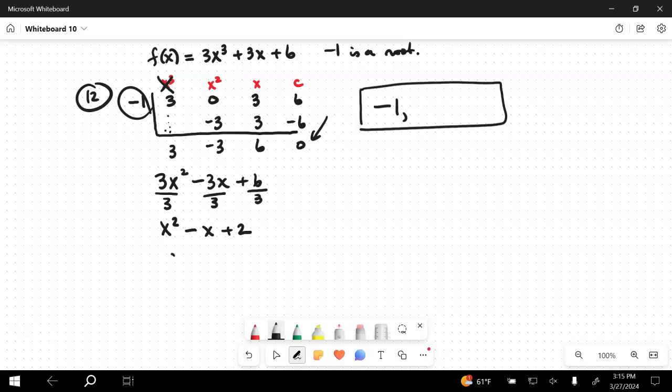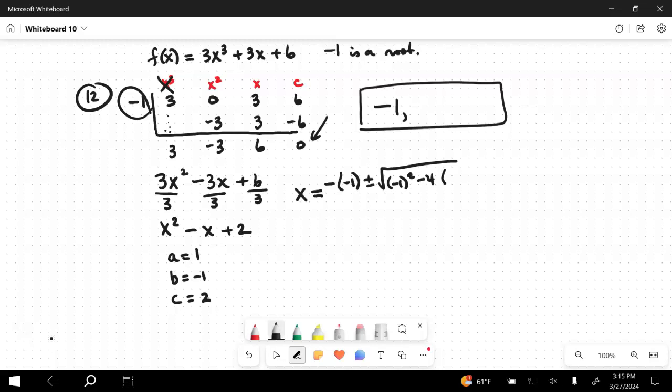So we get to use our quadratic formula with an a of 1, a b of negative 1, and a c of 2. Let's plug in. x is equal to minus whatever b is, plus or minus the square root of b squared minus 4ac, all over 2 times a. Minus a minus 1 becomes positive 1.